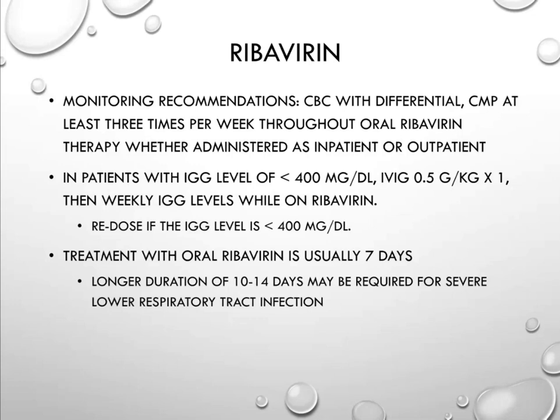We look for a CBC with differential, CMP at least 3 times per week throughout oral ribavirin therapy, whether it's inpatient or outpatient. Patients who are hypogammaglobulinemic, we will supplement that. We typically treat these patients for 7 days, but longer durations of 10 to 14 days may be required for patients with lower respiratory tract infections.